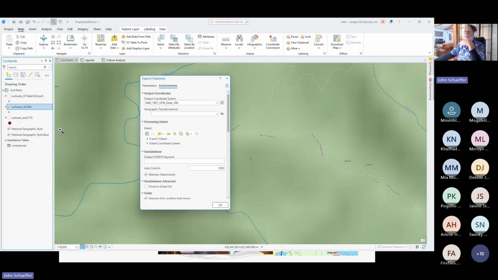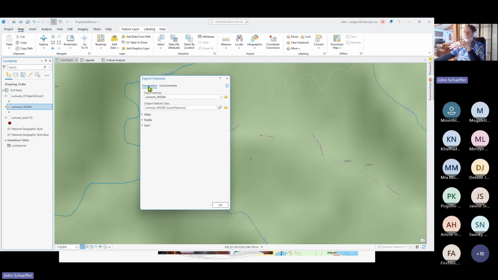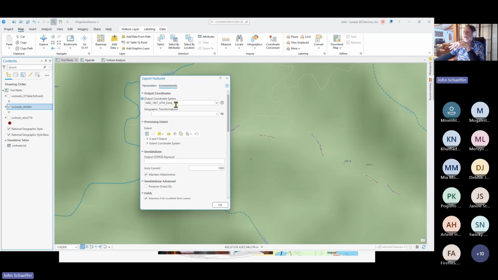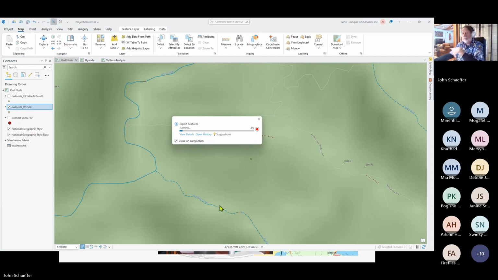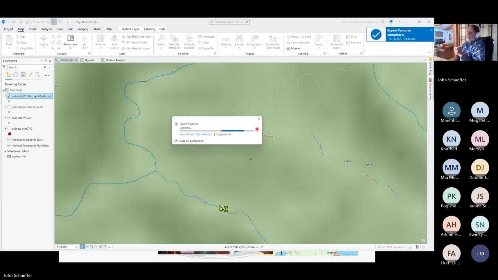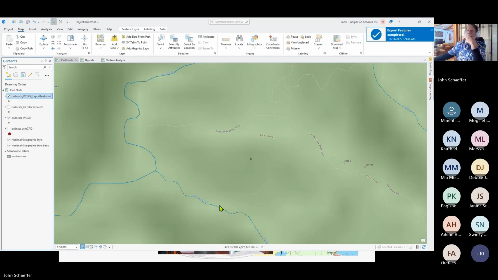So basically what I'm saying is export this data to NAD27. And I'll say, okay. And let's turn on our original OwlNest. And now we can see that they're lining up.